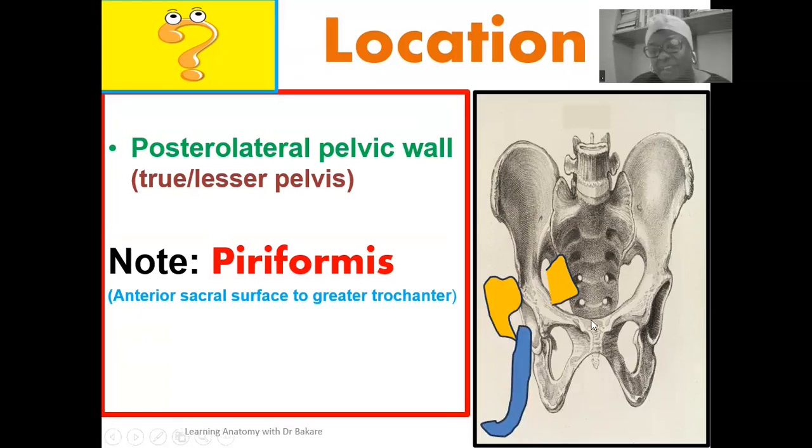This is the femur here highlighted in blue, and you see that the piriformis emerges from the anterior surface of the sacral bone, of course directed into the greater sciatic foramen, where it passes to exit the pelvic cavity, and finally comes out at this point to be inserted onto the greater trochanter of the femur.